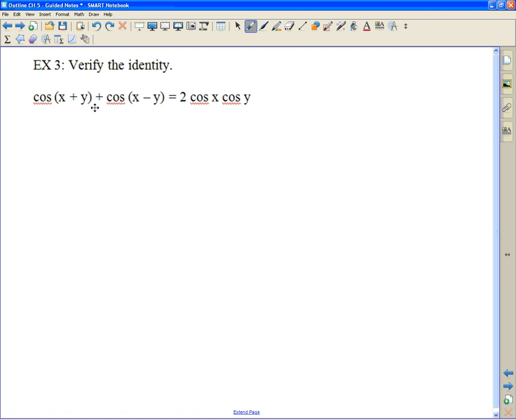Looking at this, I'm going to start on the left side because it appears more complicated. I first focus on the cosine of x plus y. What I need to do is a sum of cosines. So cosine of x times cosine of y, sign change, minus sine of x times sine of y.